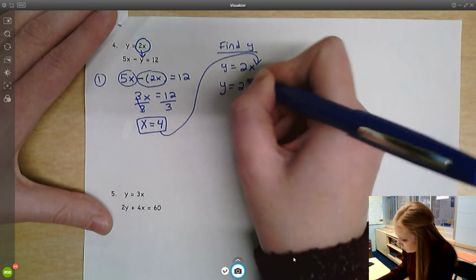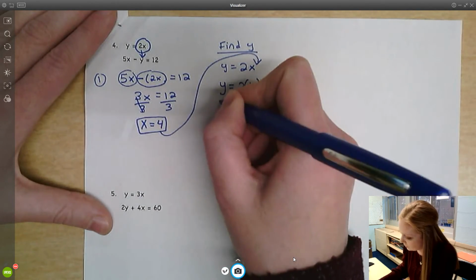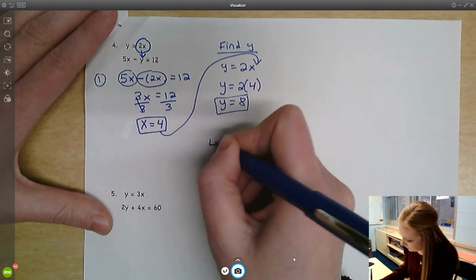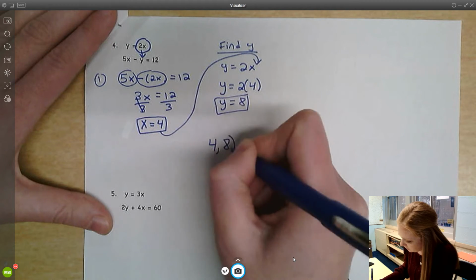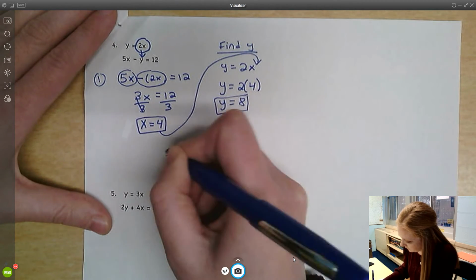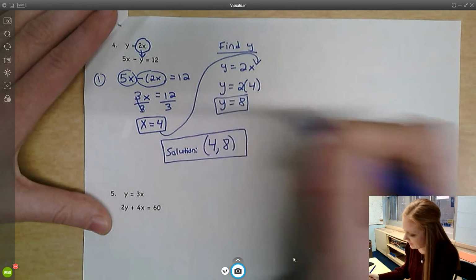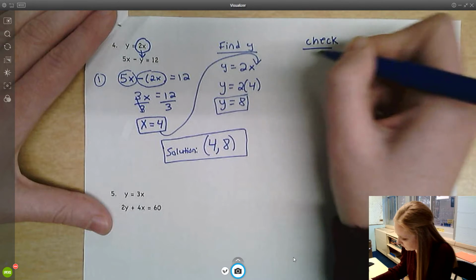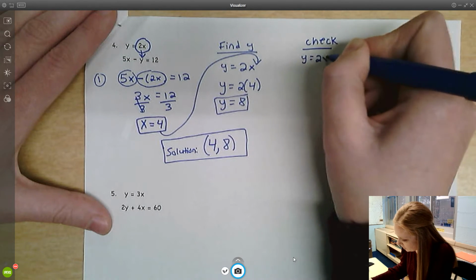So y equals 2 times x, so y equals 2 times 4. y equals 8. Our solution is 4, 8. I'll show you the check for this one. Rewrite both equations.